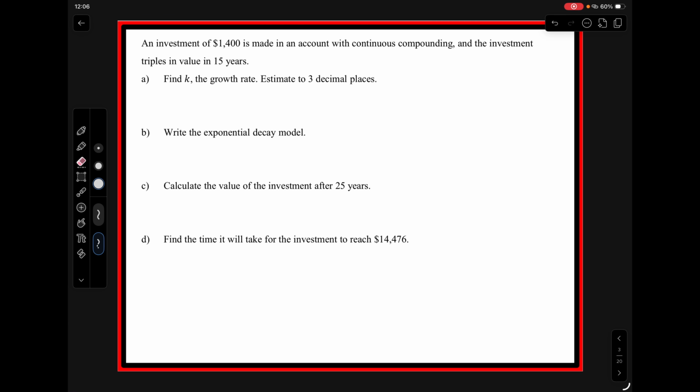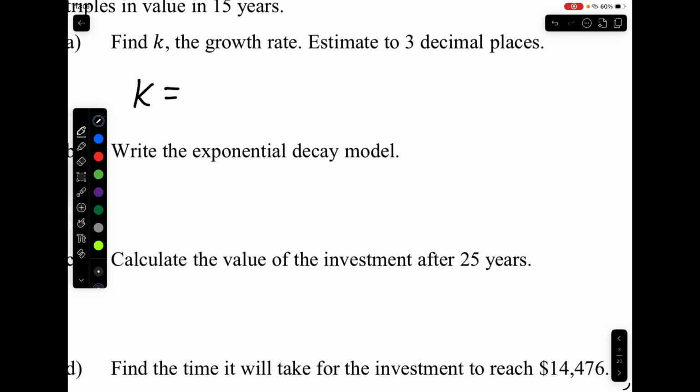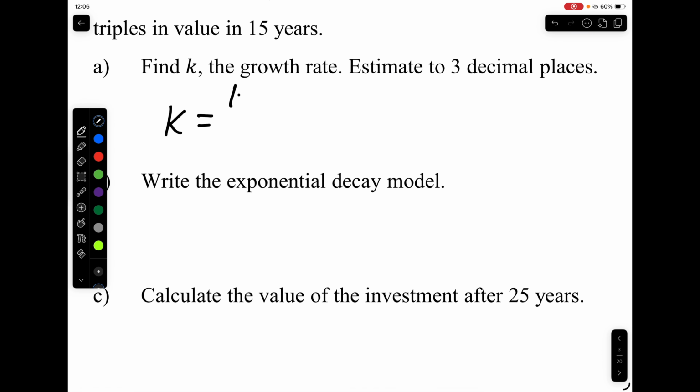Well, the formula to find K here will be the general formula. Let me zoom in. K is equal to the natural log of A of t over A of 0, divided by t.